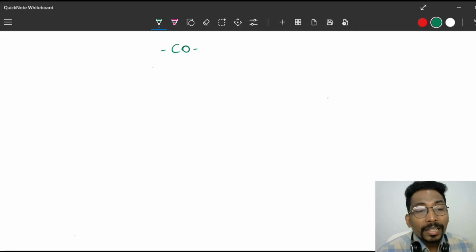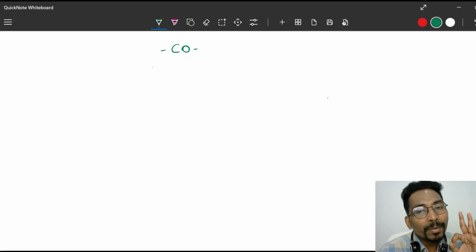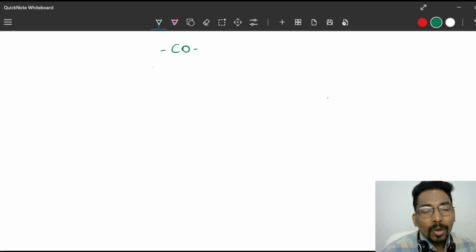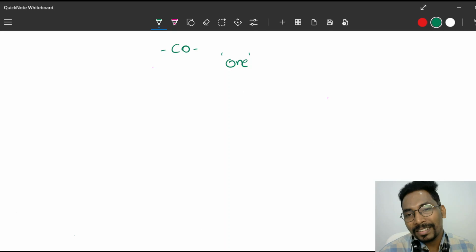That means the first member of this series will have minimum 3 carbon atoms. Then only ketone is possible. Right? Okay. So what will be the name of that compound? 3, so prop. And names of ketones will end with the suffix one. So propanone, butanone, pentanone, like that.